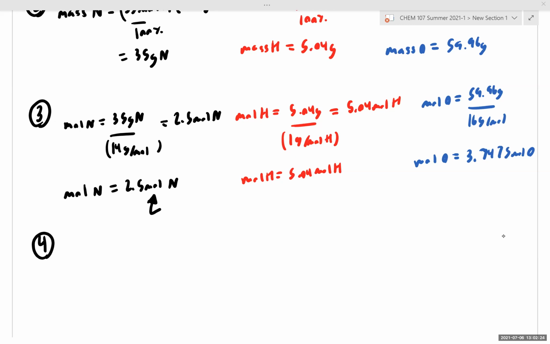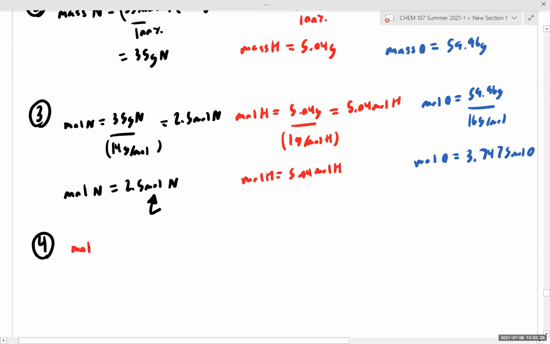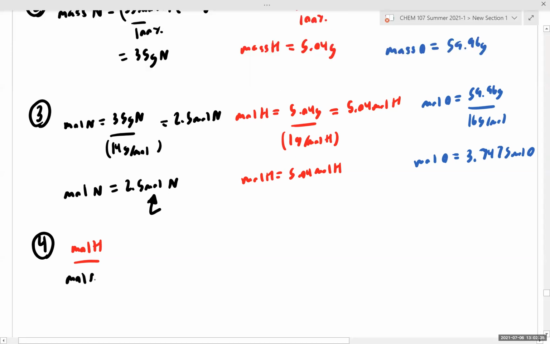So we know the moles of nitrogen are the smallest number of moles. So if we look at the ratio of the moles of hydrogen per mole of nitrogen, what is our mole to mole ratio of hydrogen to nitrogen? About 2.01, right?